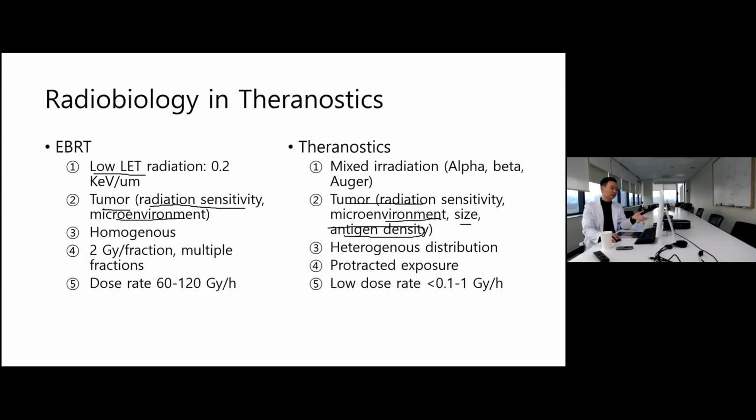The distribution of EBRT is relatively homogeneous along the tumor tissues. However, for us, because of the antigen densities, the distribution is heterogeneous. They give multiple fractions of therapy with a dose rate of 60 to 120 gray per hour. However, we give a very low dose rate of 0.1 to 1 gray per hour. It's a protracted exposure.